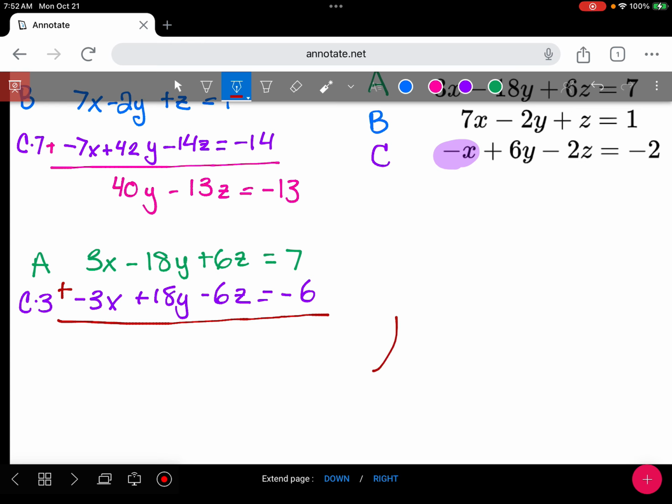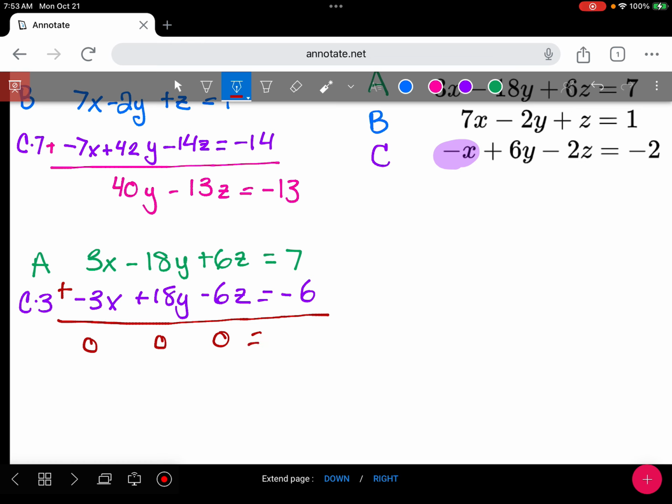The negative 2, we did times the 3. The whole equation times the 3. So when we add them all together, my 3x plus negative 3x, those cancel out. Negative 18y plus 18y, those cancel out.